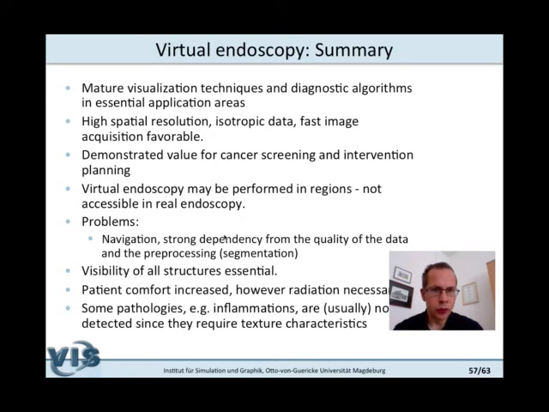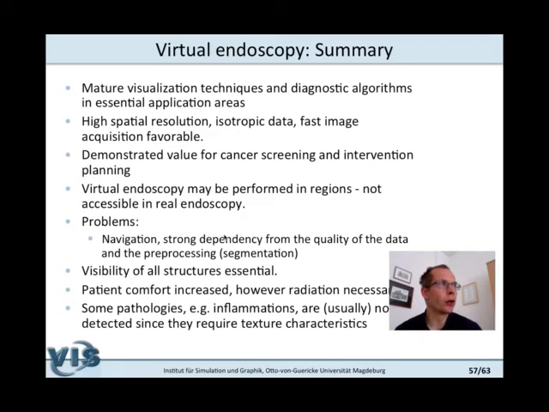The demonstrated value is really there for colon cancer screening and for intervention planning in different areas, for example, in case of bronchial carcinoma, lung cancer. As a major advantage of virtual endoscopy, it is possible to do it in regions not accessible by a real endoscope, and if this can provide essential diagnostic information, then this is of course quite useful.